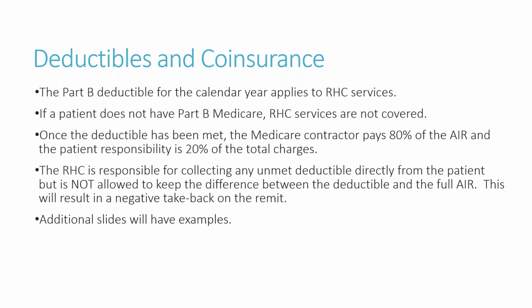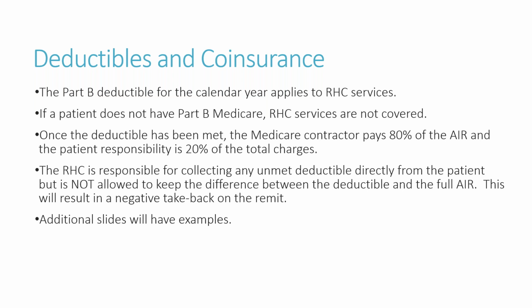So it's a little bit crazy. If we have a patient who does not have Part B Medicare benefits, if they have Part A benefits only, then services in our clinic are not covered for them. So our patients must have Part B Medicare, and then the Part B deductible applies to our services. So it's a little bit crazy.